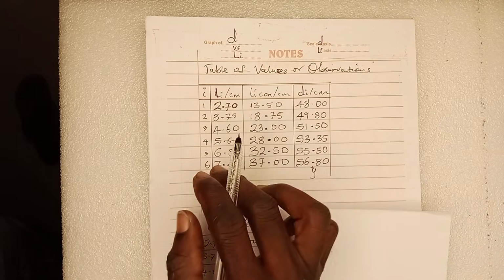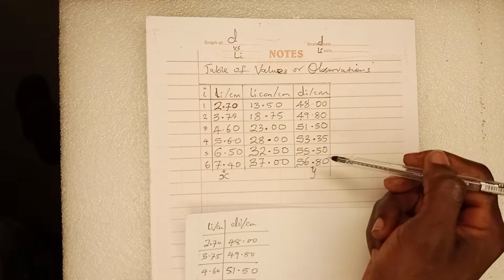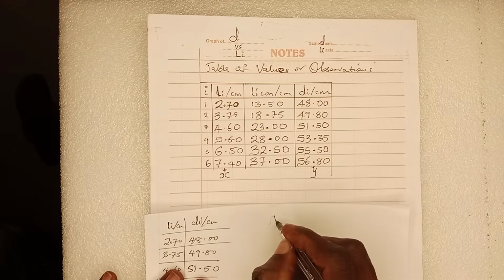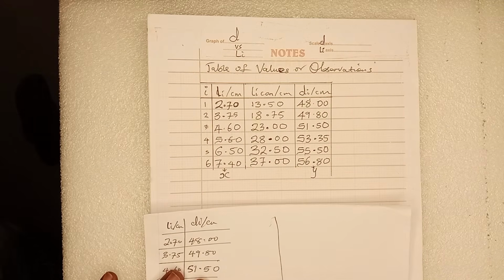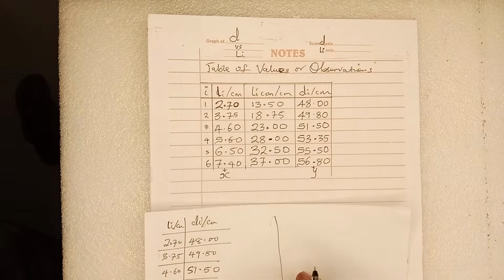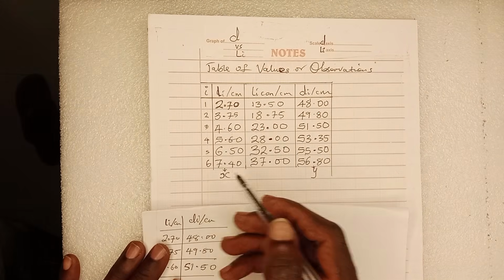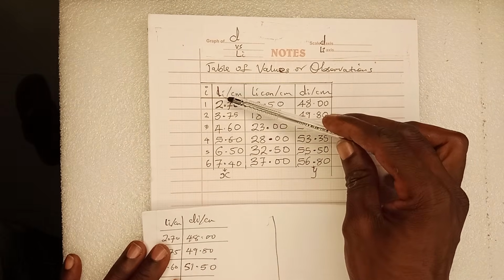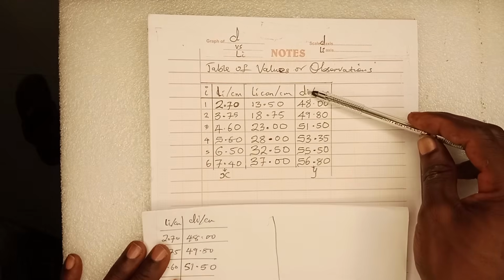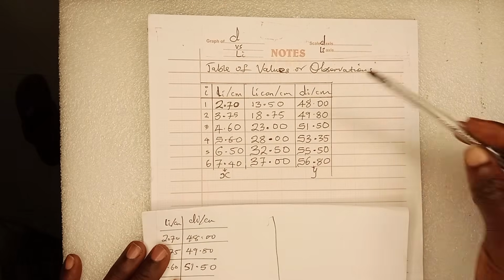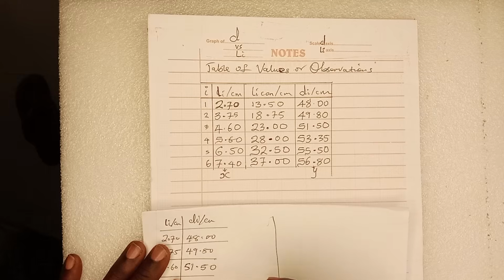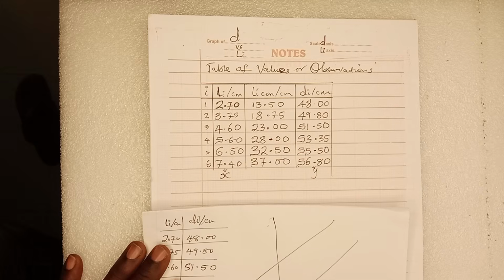You look at this, there's an increase trend. I've been predicting all my graphs before I plot them. This will give you a straight line graph, increase. As the values of L are increasing, the values of Di are increasing. So when you plot a graph, you get this or this, passing through the origin, and then something like this.